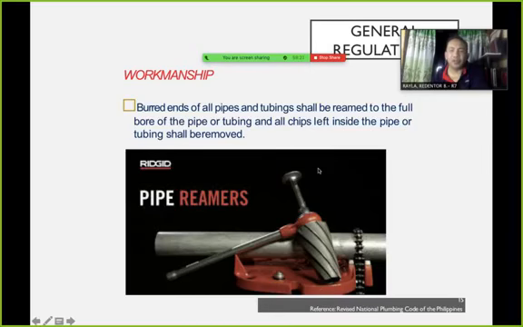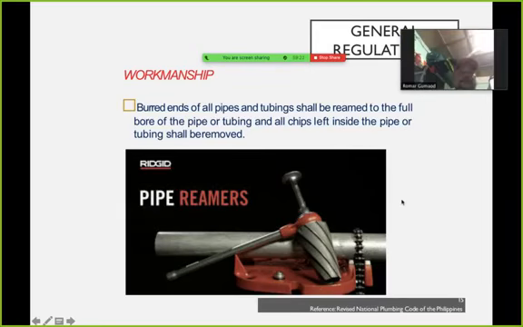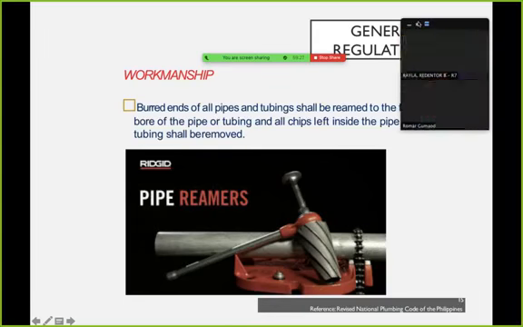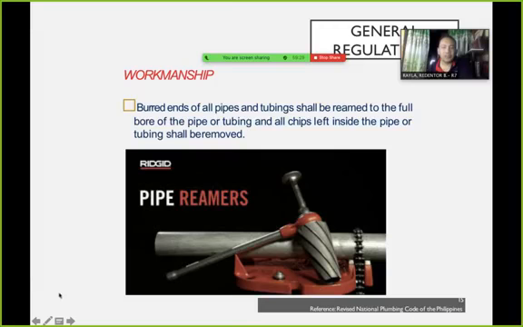So we have the workmanship, no? The workmanship is very critical to our job. So barring, no, bar ends of all pipes and tubing shall be reamed, no, reaming, no? So reaming to the full bore of the pipe or tubing, and all chips left inside the pipe or tube shall be removed, no?